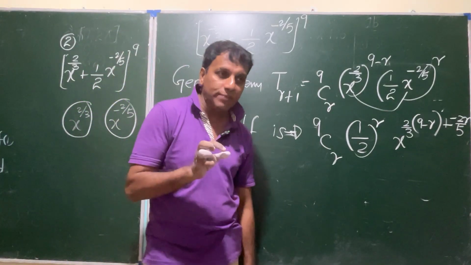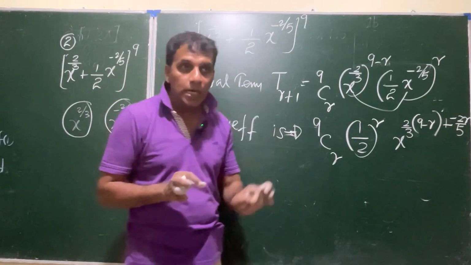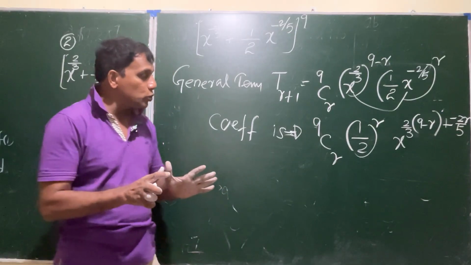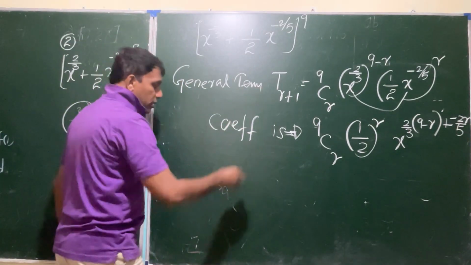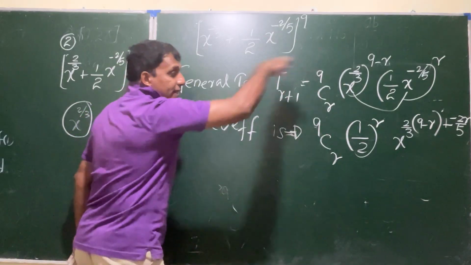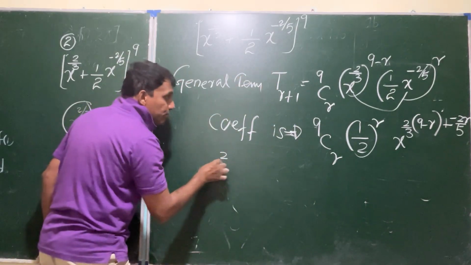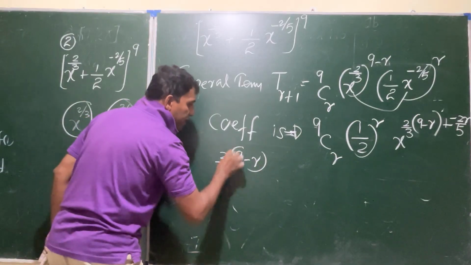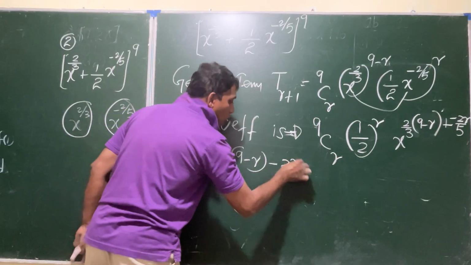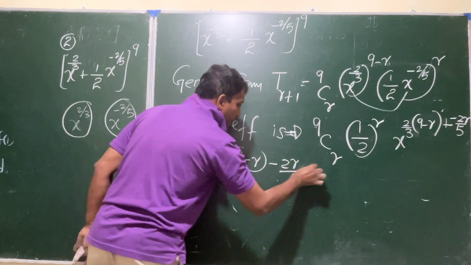Now we are going to find which term gives the coefficient of x to the power 2/3. Therefore, see, completely x to the power is 2/3 (9 minus r) minus 2r over 5. Is it okay?